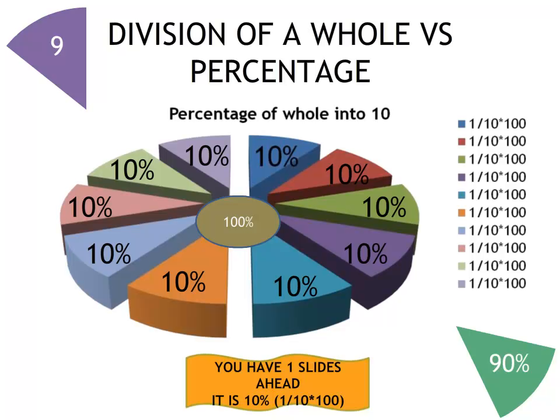Now look at this pie. It is also divided into 10 equal parts, but each part is named using percentages. Hence, they will be called 10%, 20%, 30%, and so on. When all the parts are taken into consideration, it will be equal to 100%, or in other words, it will be equal to 1 whole.